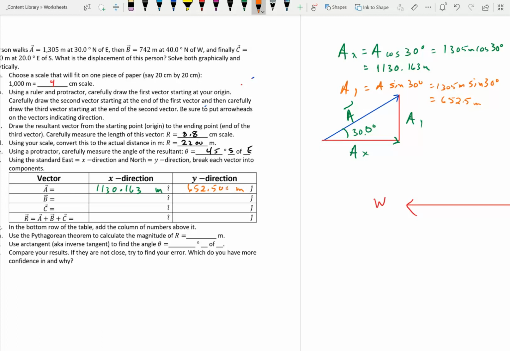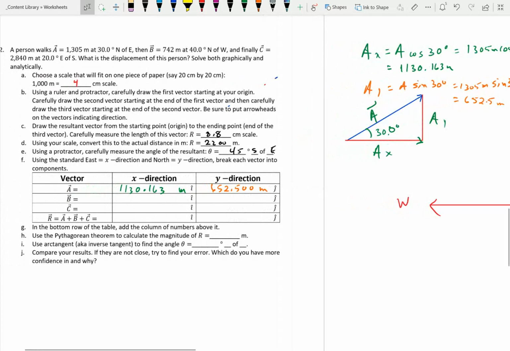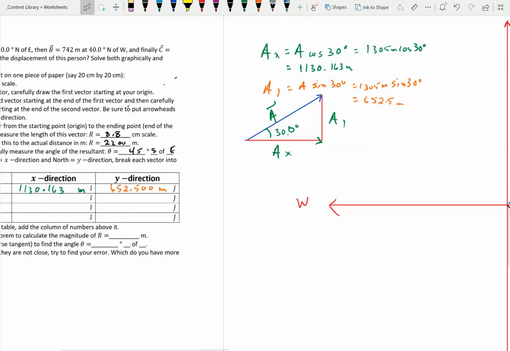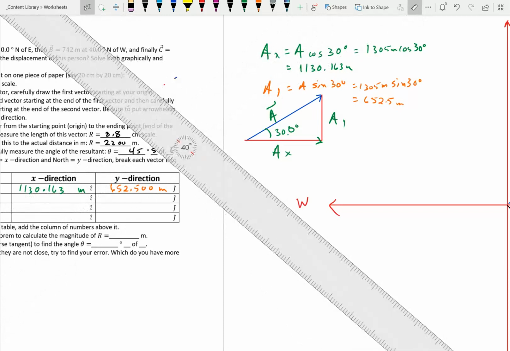So there we have A broken into components. Doing B, B was an angle of 742 at 40 degrees north of west. So 40 degrees north of west is like, yeah.